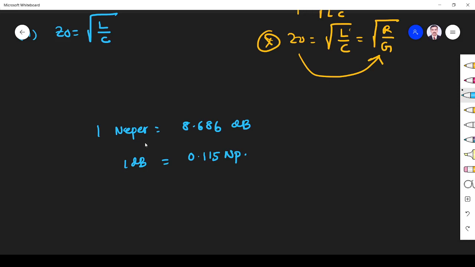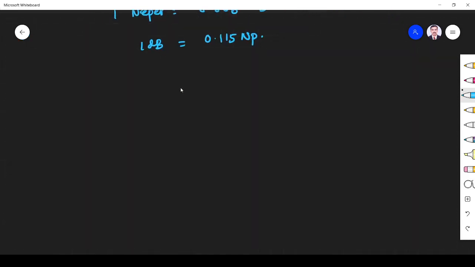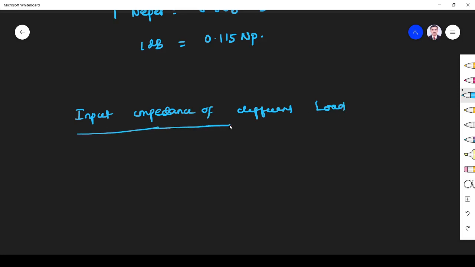Fine. Okay, next thing we have to see is input impedance of different load. Very important area. We have to remember these equations because a lot of questions are based on this one.